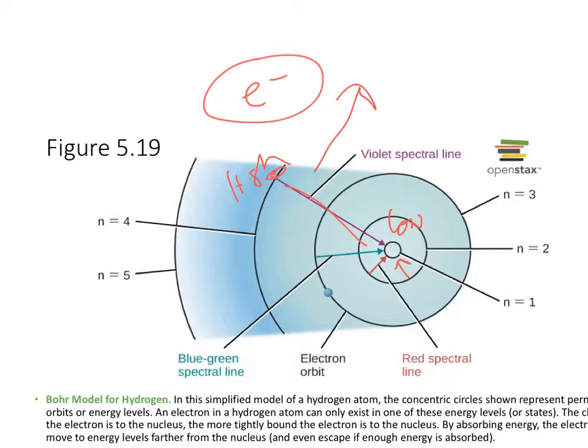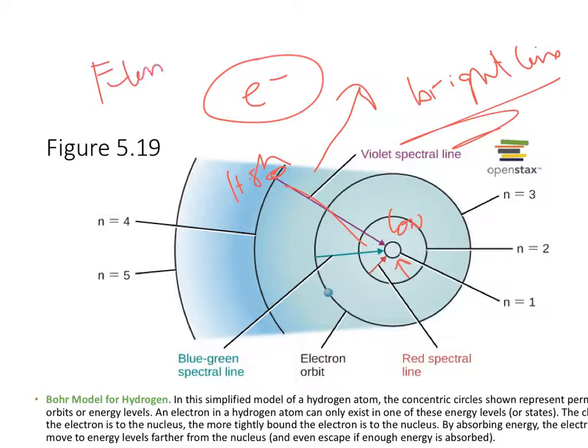These are going to give us our bright lines. And remember, those are the ones we saw at the end of class on Wednesday, with those little squares you held up to look at the lights that were glowing. It's characteristic of which element it is, giving you a different set of these spectral lines.